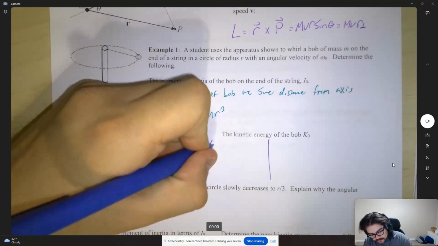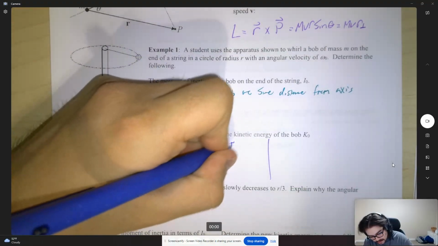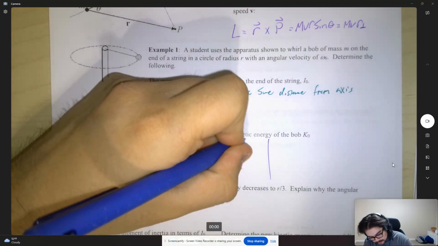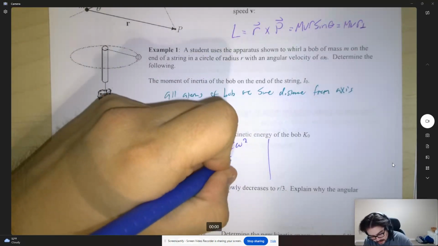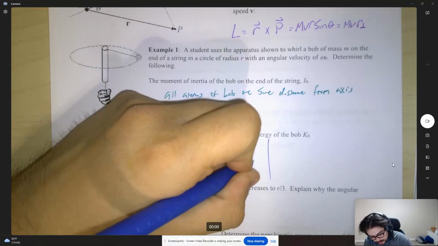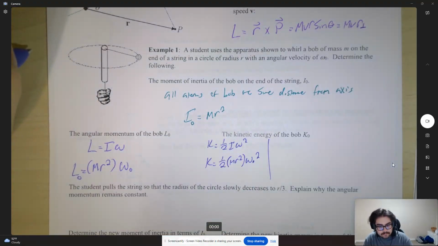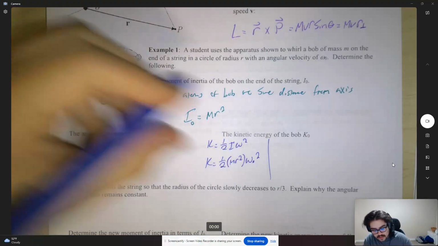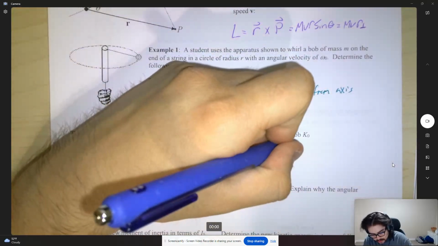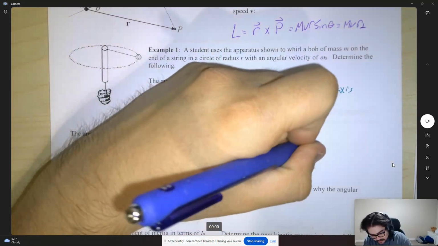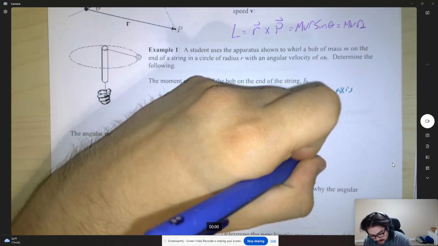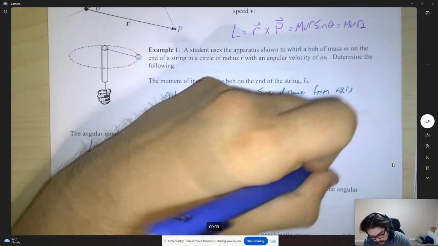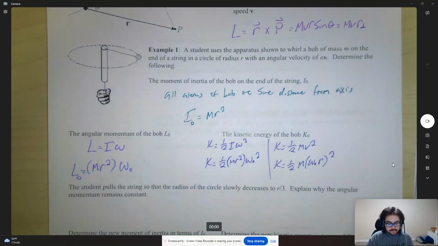Rotational is 1/2 I omega squared, which gives 1/2 m r squared times omega naught squared. The translational kinetic energy is 1/2 m v squared, which is 1/2 m times omega naught r, squared. So that's how you get that.